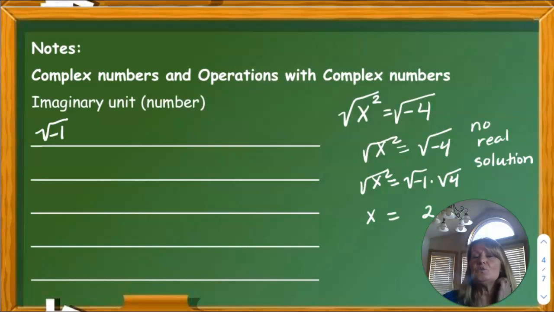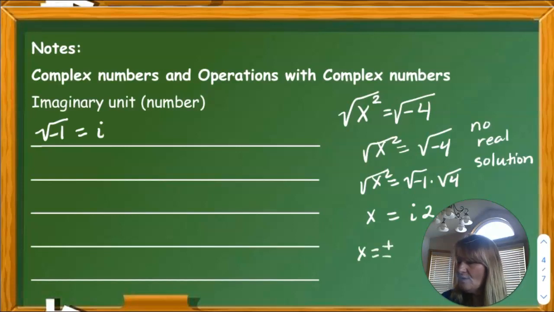But what am I going to do with that square root of -1? How we've defined it, so that I know in this problem that it was not the square root of 4 but in fact of -4, is that we use the letter i, meaning imaginary. So the square root of -1 is defined as i, an imaginary number. And so this would be, as a final answer, either positive or negative 2i. And that's how we're going to define it.